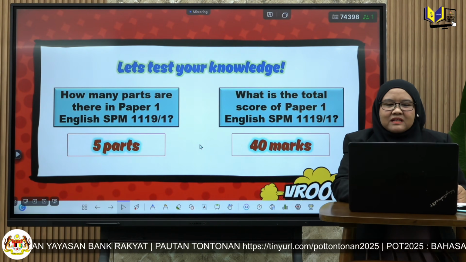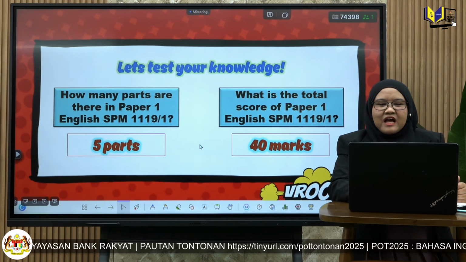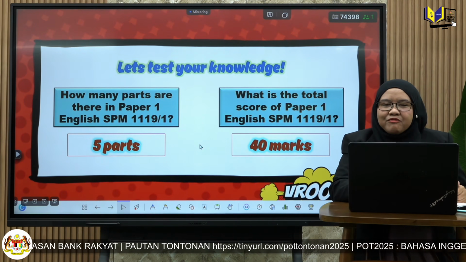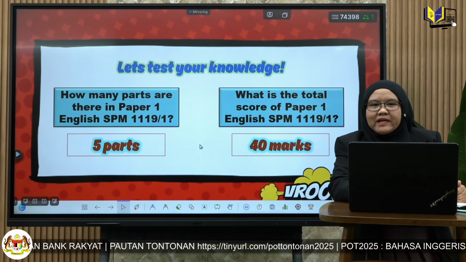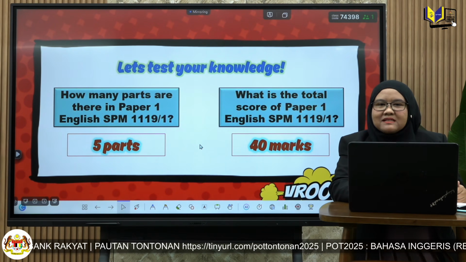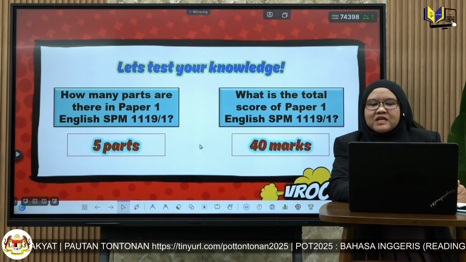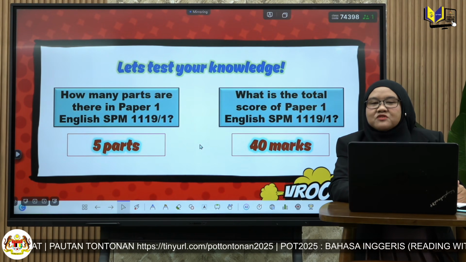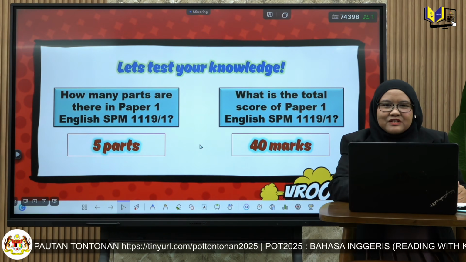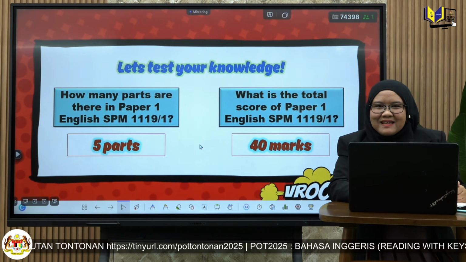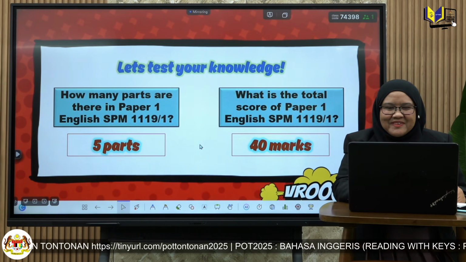Very good. There are 5 parts in Paper 1 English SPM 2019/1, and the total score is 40 marks. Did you guess right? I hope so.